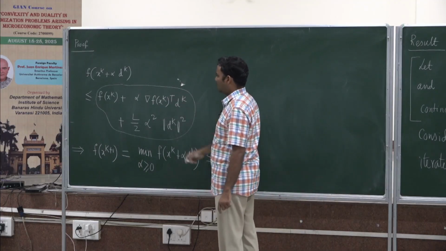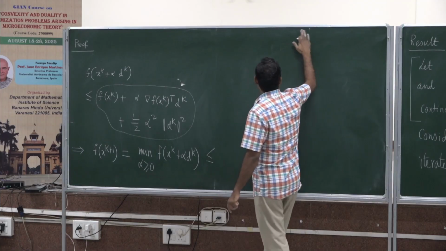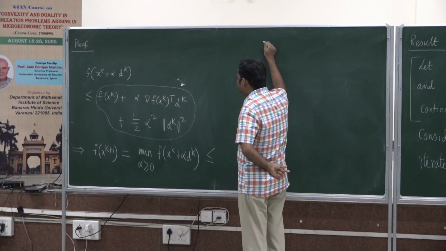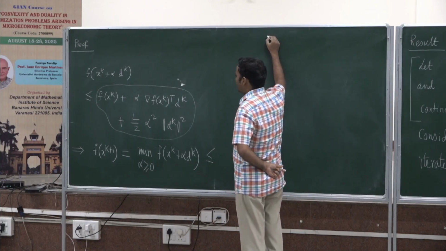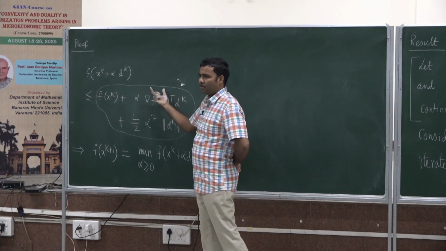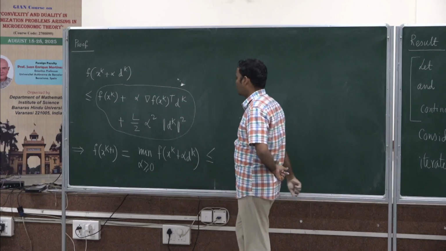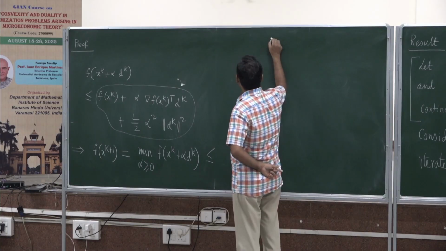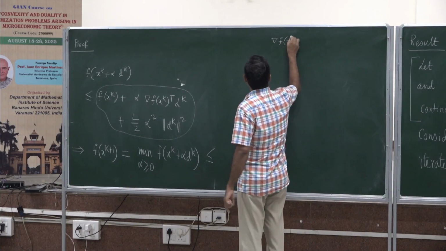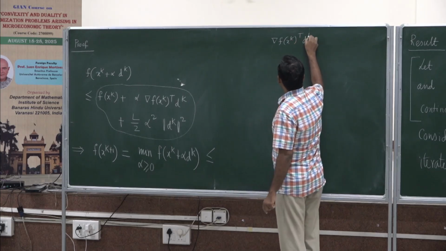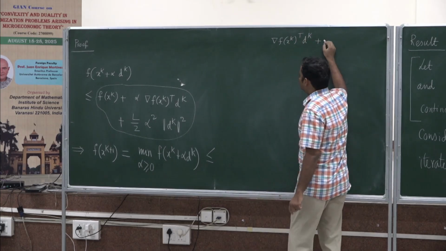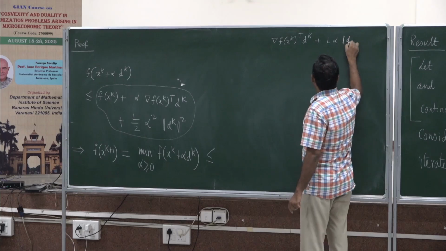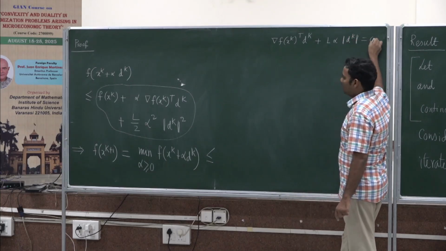You can just take the derivative with respect to alpha. Here we are trying to figure out the minimum value of this expression, so we take the derivative equal to 0, and we get gradient f(x_k) transpose d_k plus L alpha norm d_k squared is equal to 0.